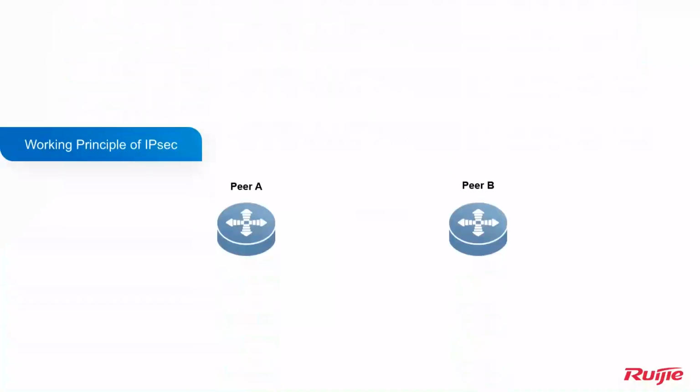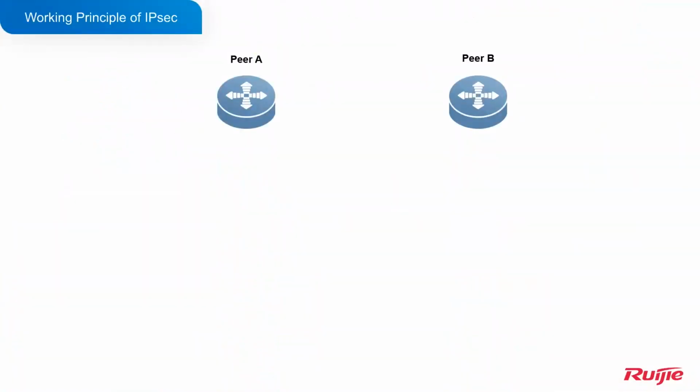And then let's see the process. What's the principle and what's the relationship of IPSec and IKE? If now there are two routers, router A and router B, and we want to establish the IPSec tunnel to help us protect our user traffic, what are the detailed steps?